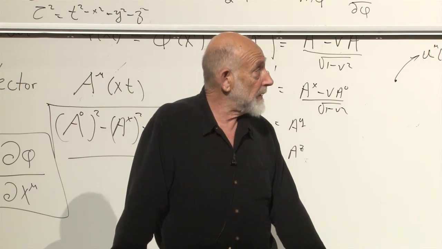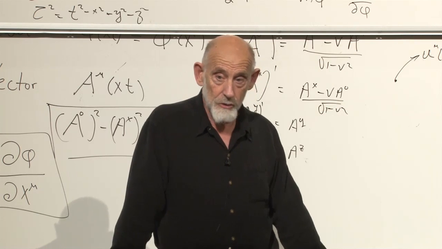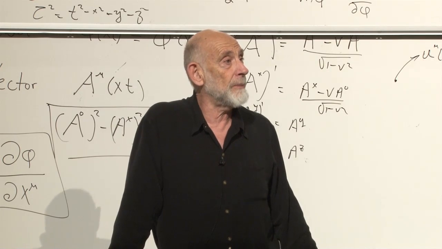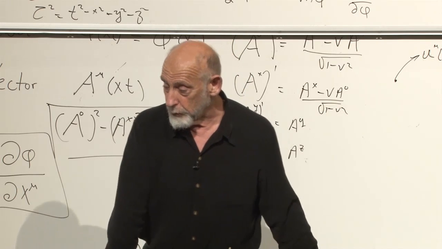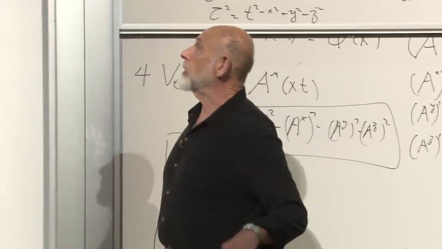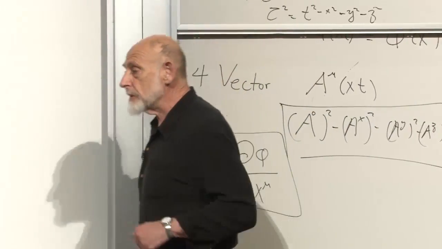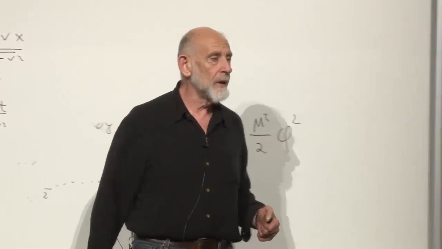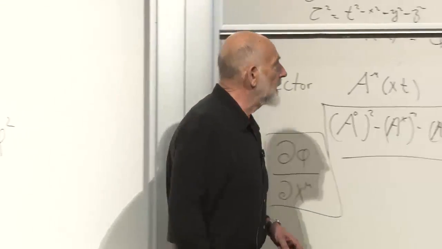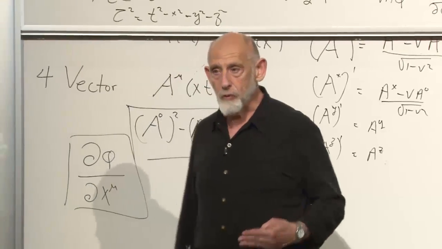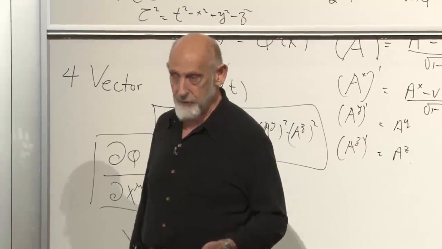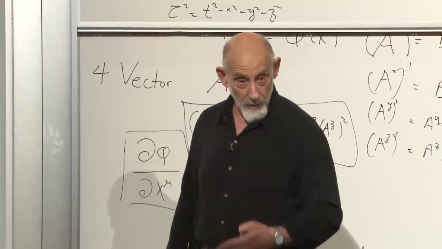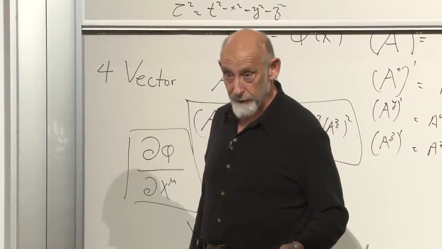But I wanted to spend another 15 or so minutes talking about the relation between particles and fields. Now, I'm not talking about the quantum mechanical relation between particles and fields. I'm just talking about the relation between ordinary particles and how they interact with fields. If I had worked out the rules for electrodynamics instead of for a simple scalar field theory, I might tell you how charged particles interact with an electromagnetic field.